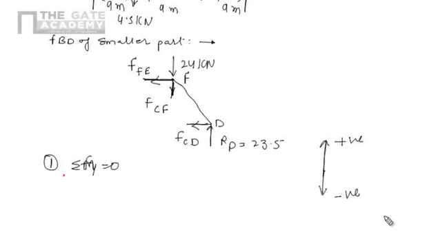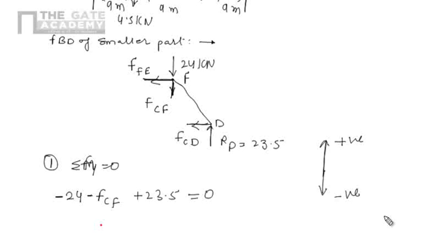According to our sign convention, we can write 24, it is in the negative direction, so minus 24. Then FCF is in the downward direction, so negative. And RD, that is 23.5, is in the upward direction, so positive.